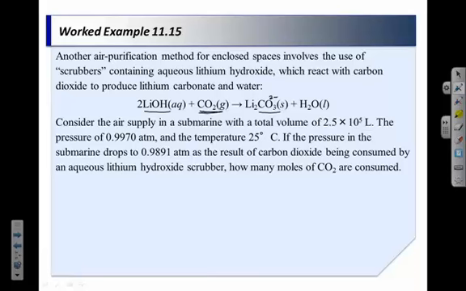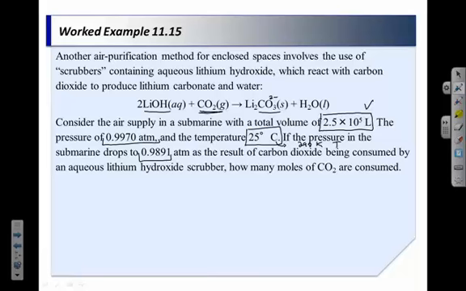So what's happening here in this example is we have a total volume of the submarine. That's given. We have a temperature. So we assume the sub's about room temperature. So if we convert that to Kelvin, 298 Kelvin. That's temperature. It's telling us that the pressure is going to drop as a result of removing the CO2.